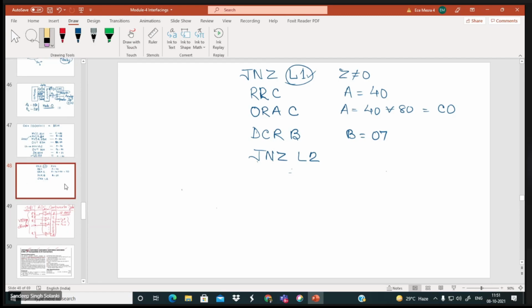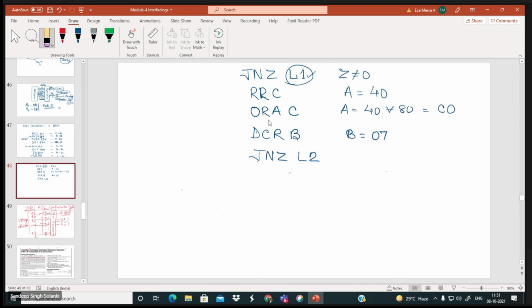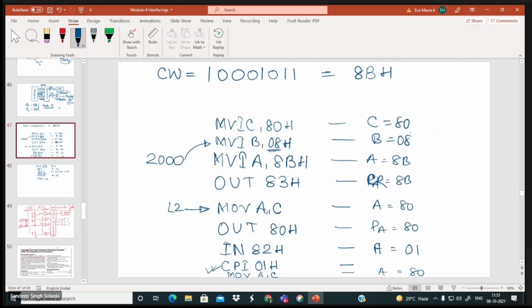It is jumping to that point only. C to A, yeah, correct. So here you have to do move C comma A. Okay. So now we are coming back, and when we are coming back, it means now this A0 has become C0.